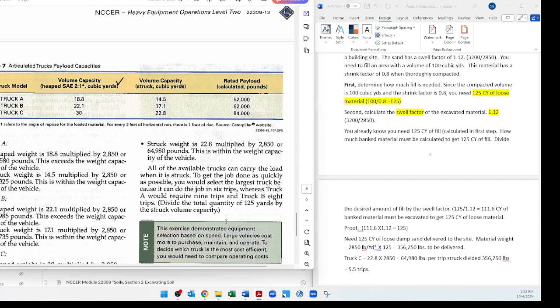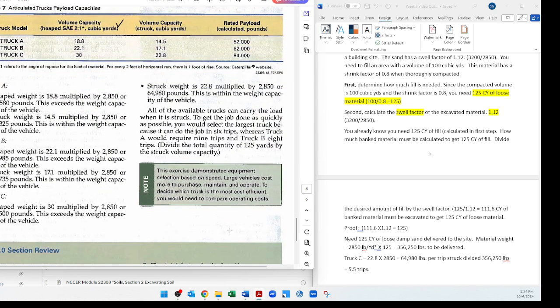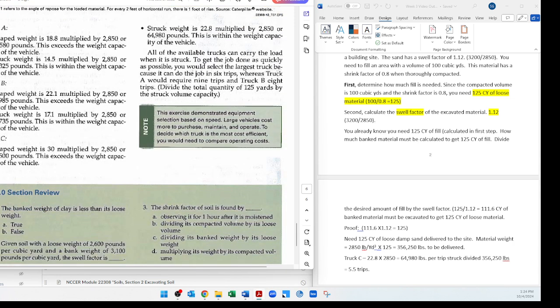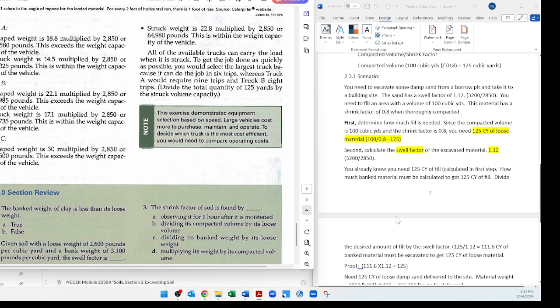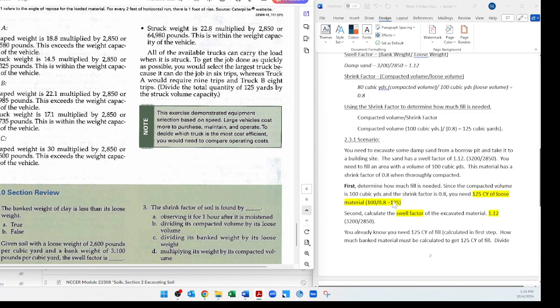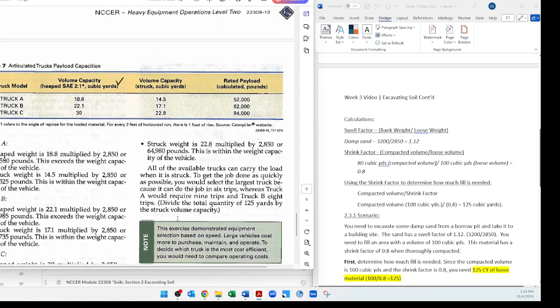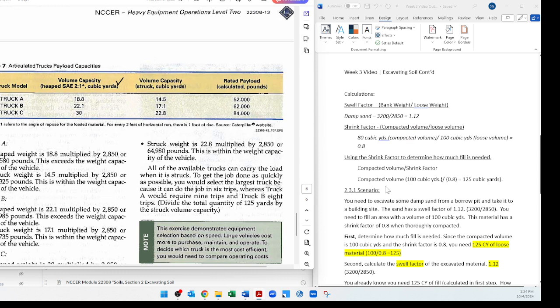That's the way they did it. And I can't see, but they stuck with the volume. I kind of stuck with the weight. This is going to just give you a chance to go through the different calculations for shrink and swell. Shrink and swell can get confusing.